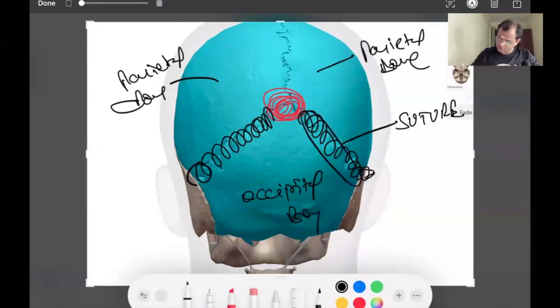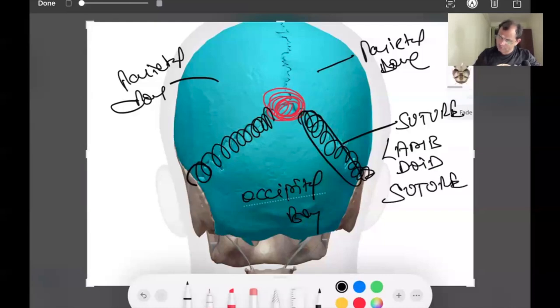So the name of this suture is lambdoid suture. Okay, and the middle structure is lambda. The suture around is the lambdoid suture.